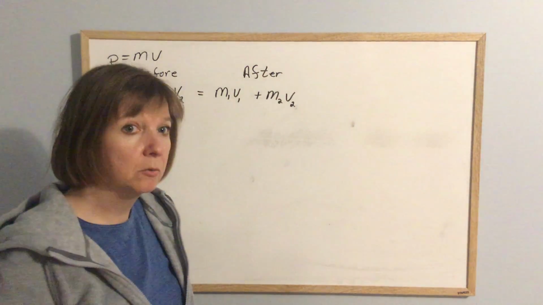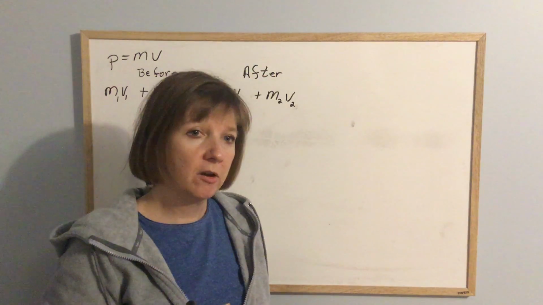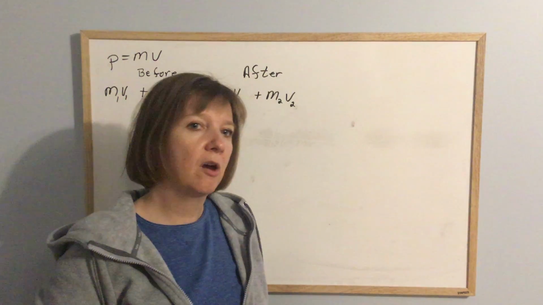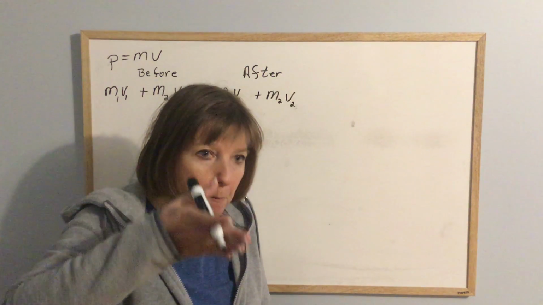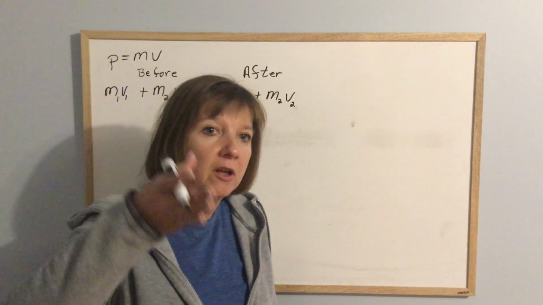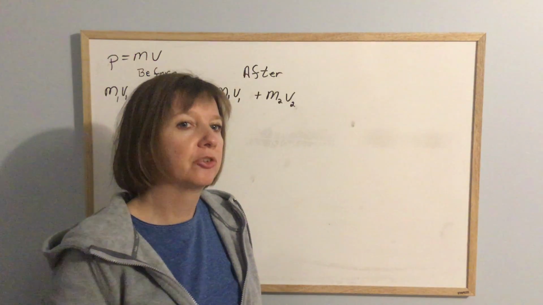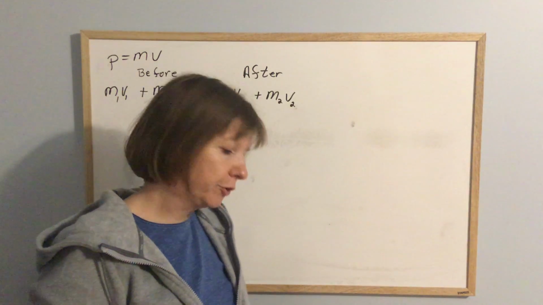Those have to be equal. And again, when we talk about before and after, we're not talking about 10 minutes before and 10 minutes after. We're talking about the moment before the collision, the moment before the explosion, and the moment right after. All right?